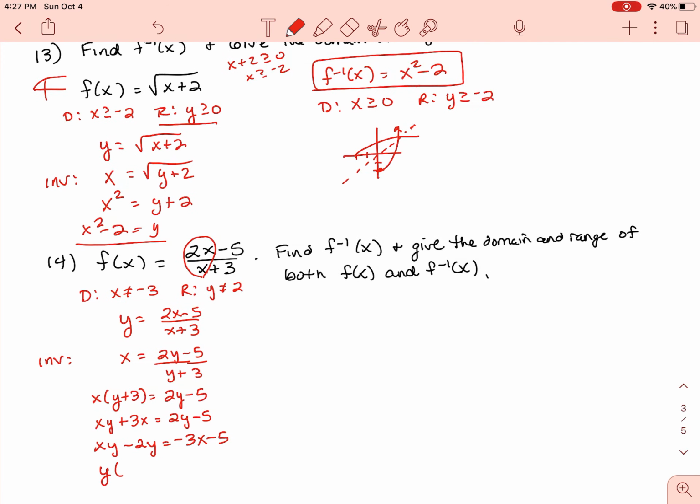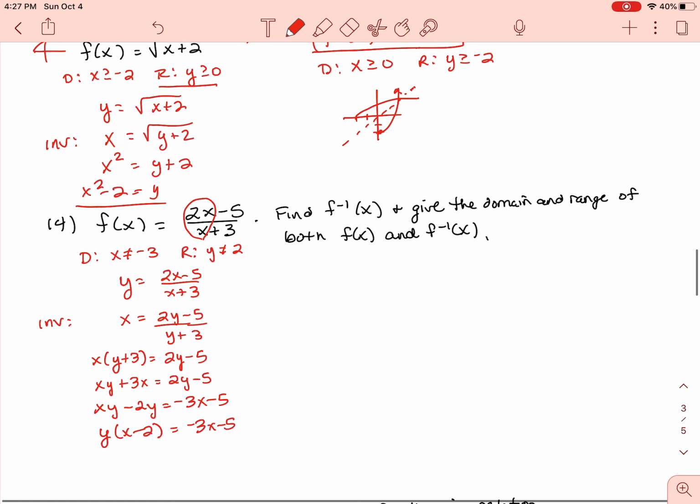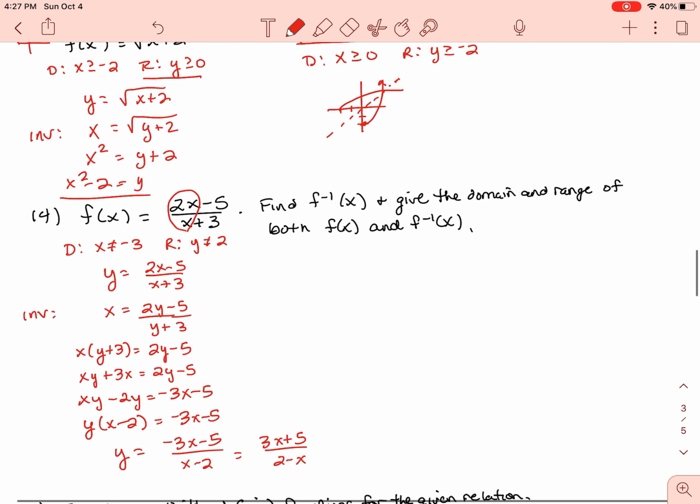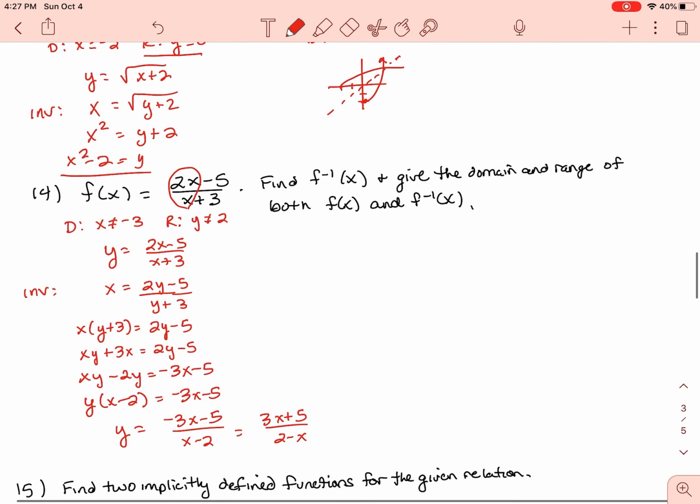And then we factor a y out and get y times x minus 2 equals negative 3x minus 5. And then y will equal negative 3x minus 5 over x minus 2. If you'd rather, you could say 3x plus 5 over 2 minus x. Doesn't really matter. But that is our new function. So f inverse of x equals negative 3x minus 5 over x minus 2.